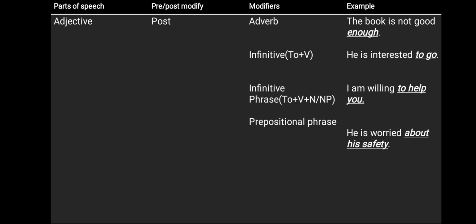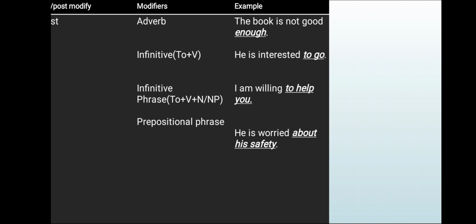Infinitive phrase: I'm willing to help you. To help you is an adjective post-modifier here, also an infinitive phrase. Prepositional phrase: he is worried about his safety. About his safety is the prepositional phrase here.